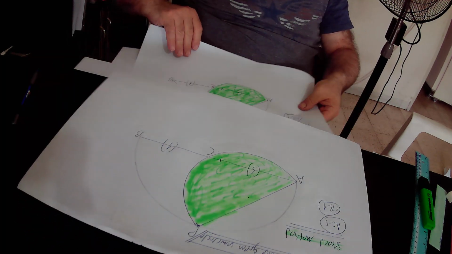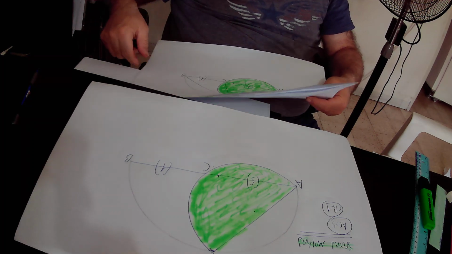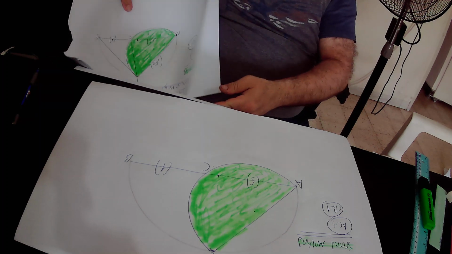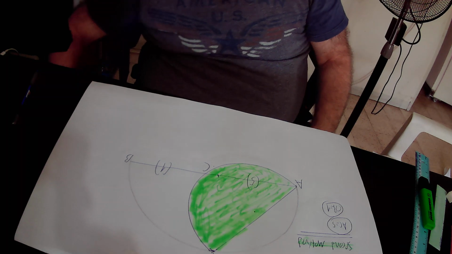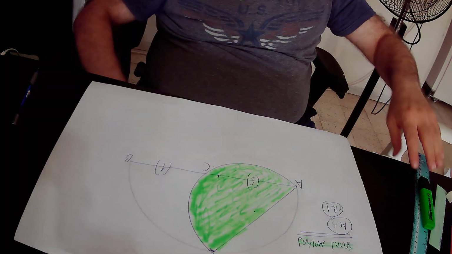In the next step, I will present to you how to find the area of this green semicircle according to the second method. In the second method, we'll join points P and B together by a straight line.